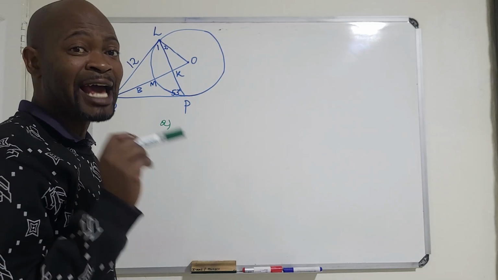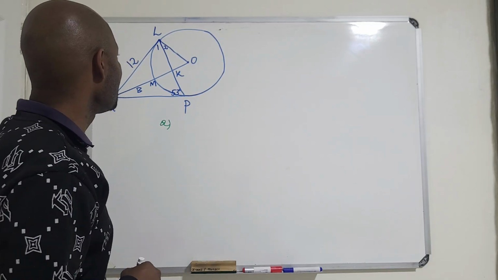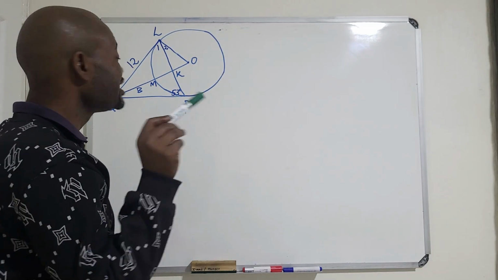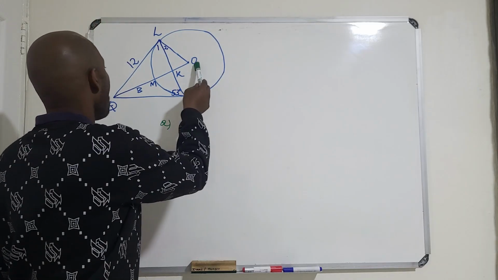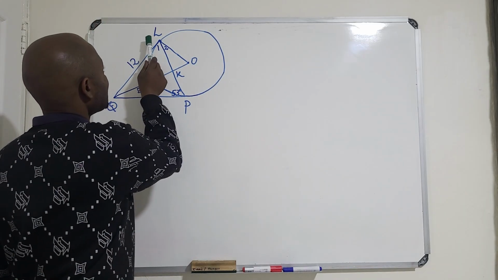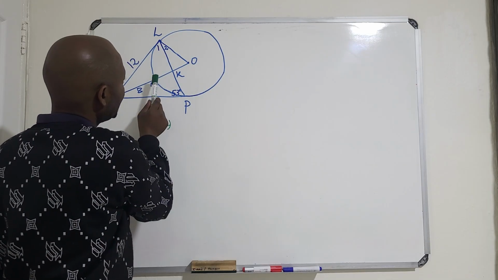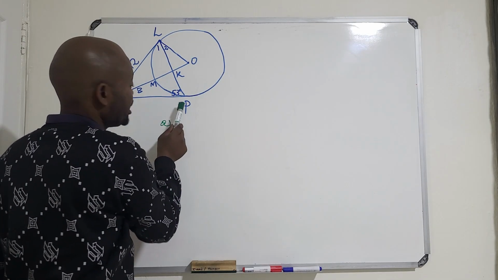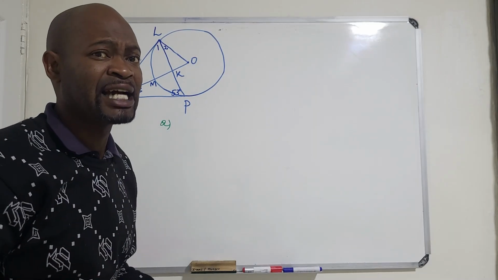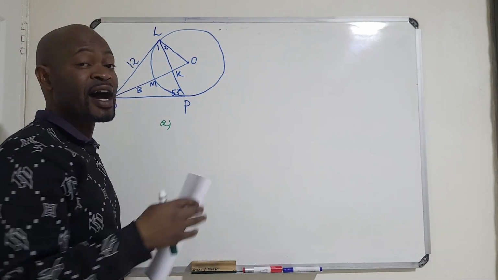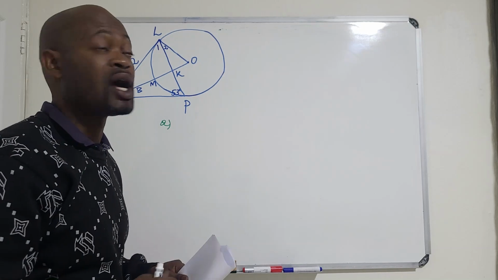Now, is there a line from the center to the midpoint of the chord? Since we were told that OQ bisects LP, it means that LK is equal to KP. We know by bisecting, it means that it divides the line into two equal halves.